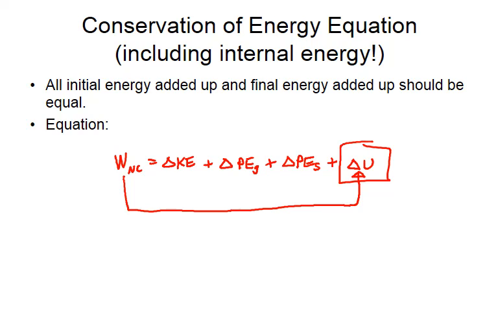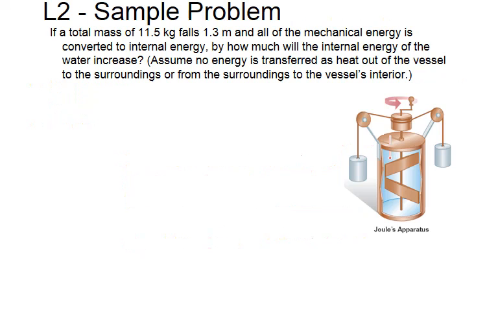And that's what we need to consider now, the change in internal energy. Is some of this mechanical energy turning into internal energy, those molecules shaking faster because of what's going on there? So now we can include that within our conservation of energy equation and evaluate what's going on. And so we'll take a look at that in this situation.